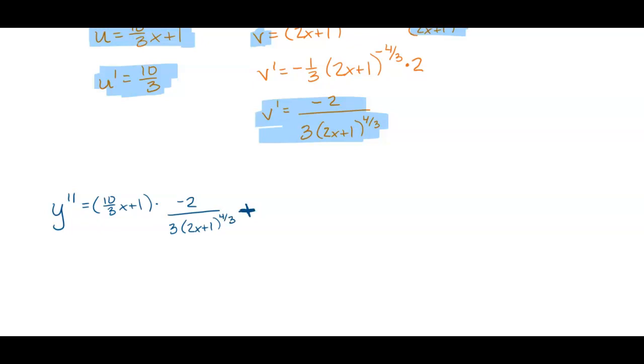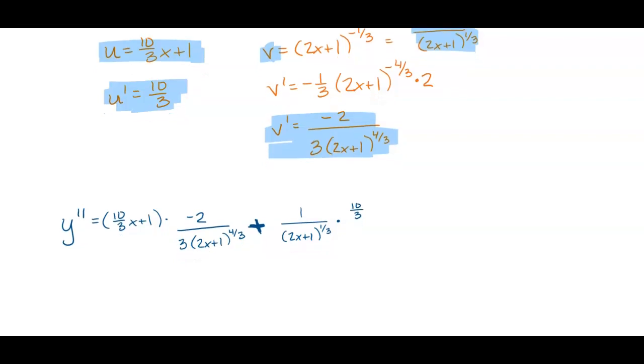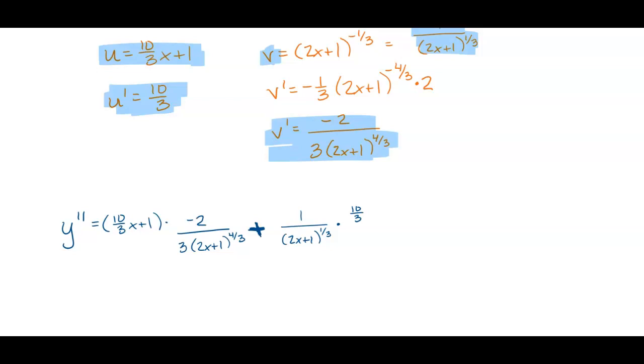And then a big old plus sign so I can make sure I'm keeping track of which term is which, v u prime. Actually, this 10/3 does not have to all go in the numerator. You can make it like 10/3, like that. And that'll help me out on my way to getting a common denominator because I want to have a 3 in the denominator.